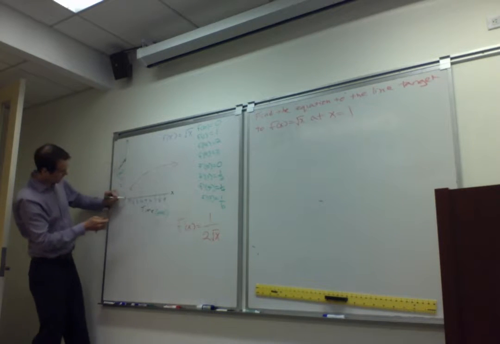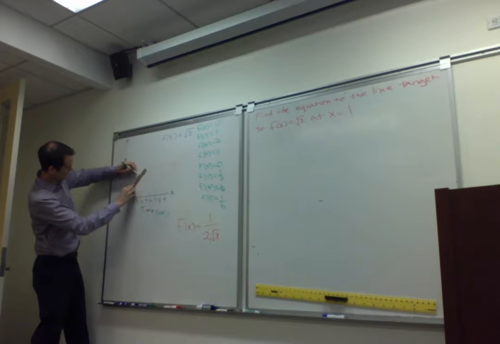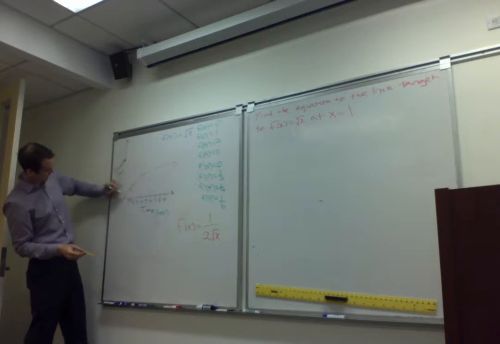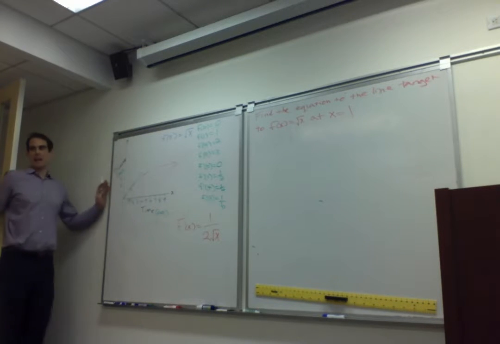So, we can just eyeball it, 1 here. And I'm going to draw a roughly tangent line. All right, that's the line I want. I want the equation of that line at x equals 1.